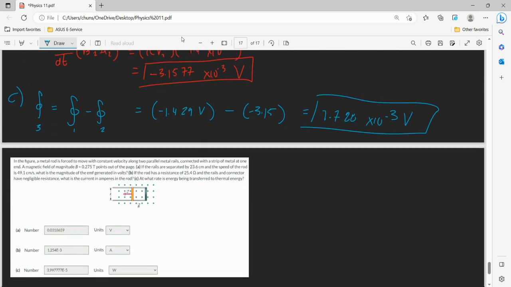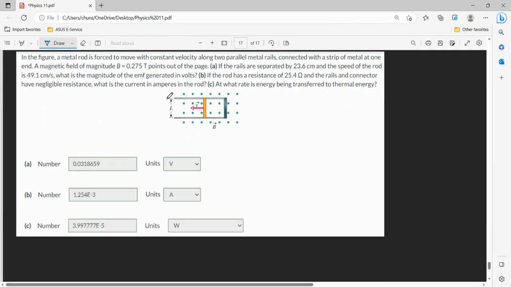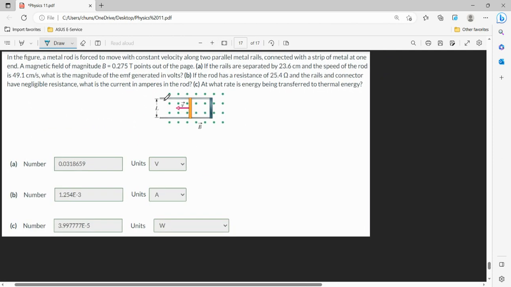Okay. And this is our last question here. So in this picture, we have a metal rod that is forced to move along at a constant velocity. So that means the induced force is going to be developed this way from Lenz's law, along two parallel metal rails connected with a strip of metal at one end.